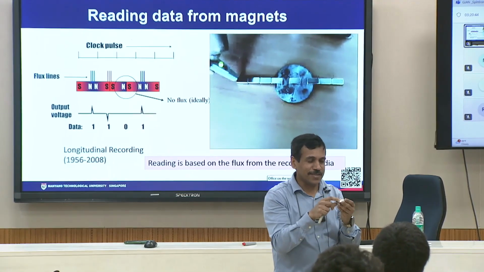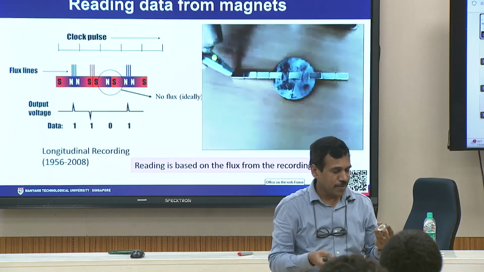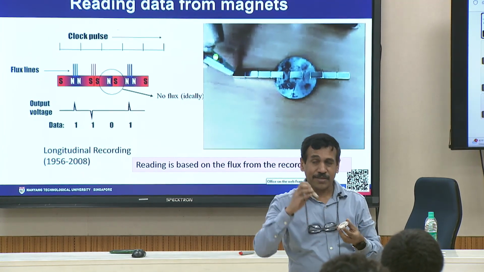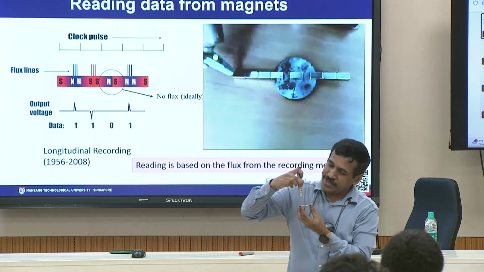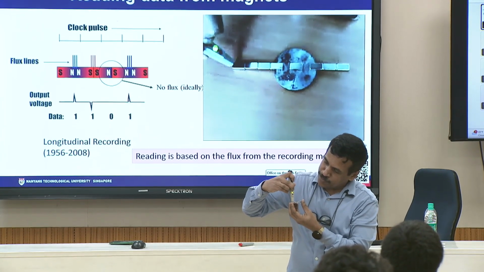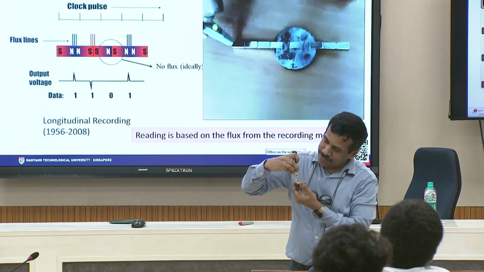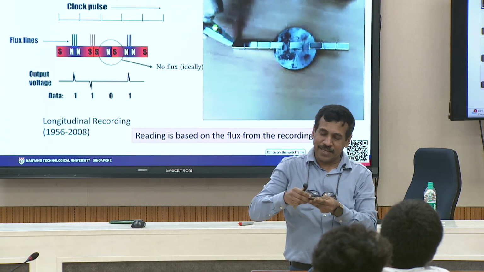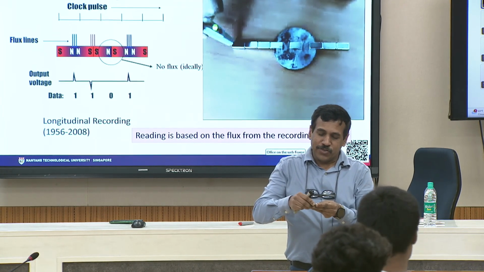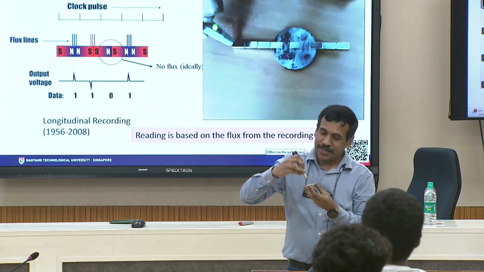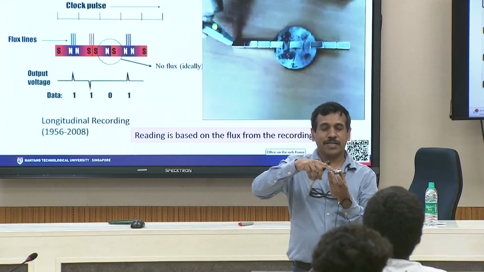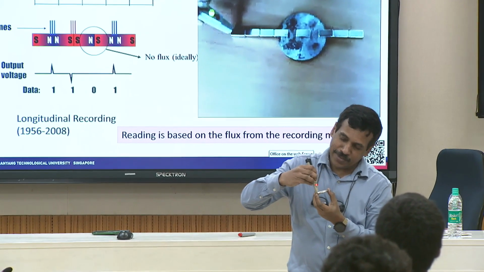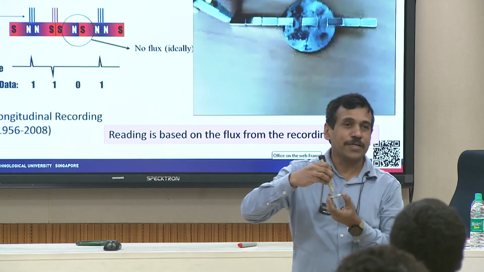Another thing I want you to have a look at is this sensor, which you can use to look at the magnetic fields produced by these magnets. This is a large scale demonstration of magnetic recording. You have a disc that has magnets pointing up or down, and you have different lights indicating 0 and 1.